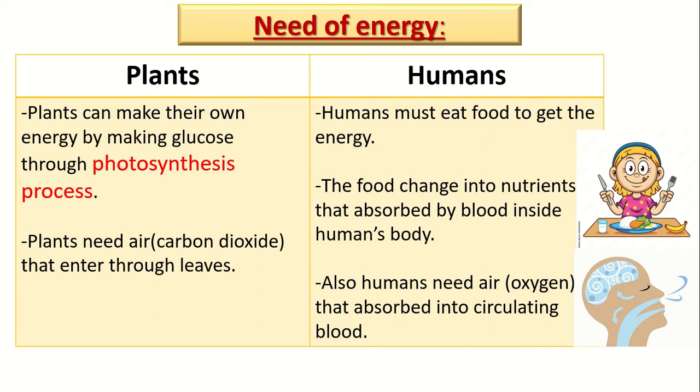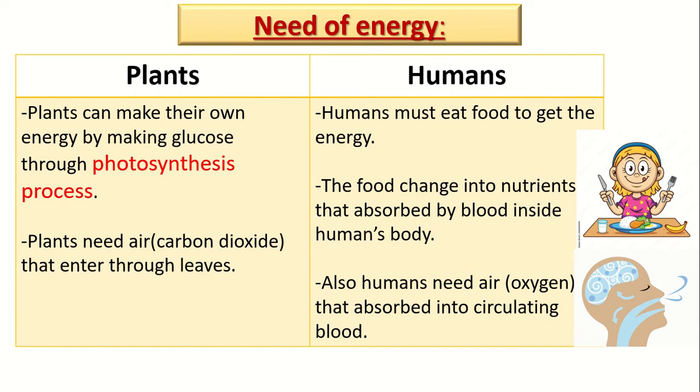Okay, who will get the nutrients from the food? Which system in our body? The digestive system. Excellent. So the digestive system gets the nutrients from the food. Will the nutrients stay in the digestive system or move to all the body? It will move to all the body. Who will take the nutrients from the digestive system and give them to all the body?